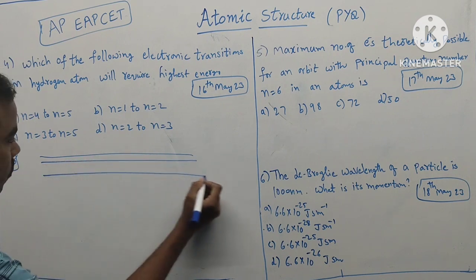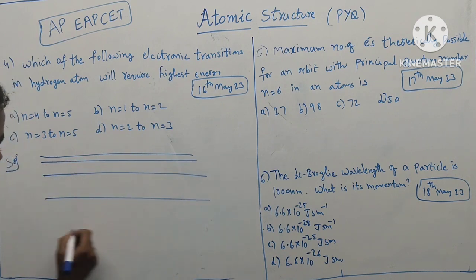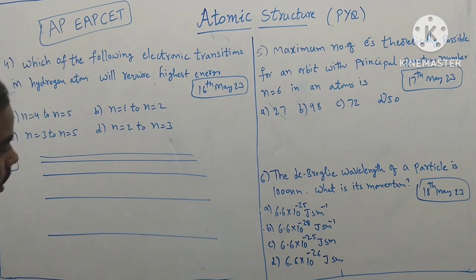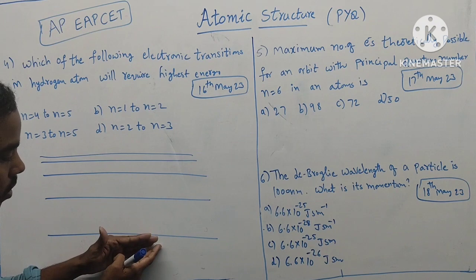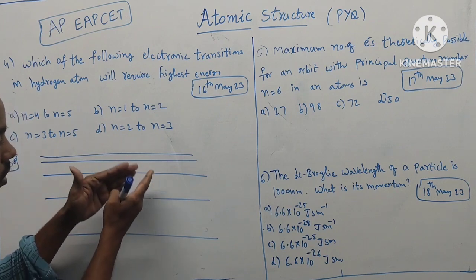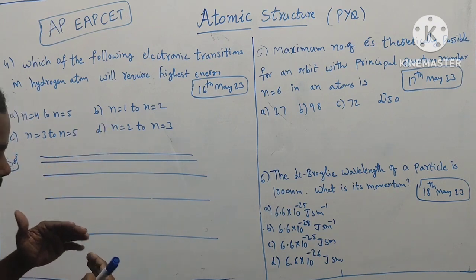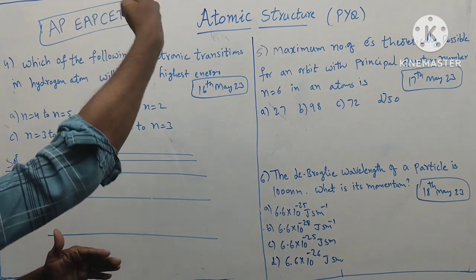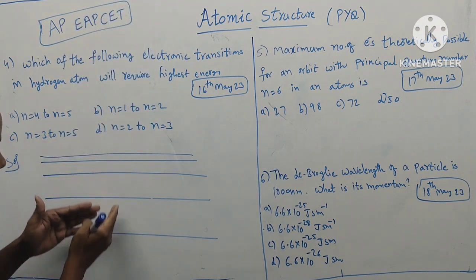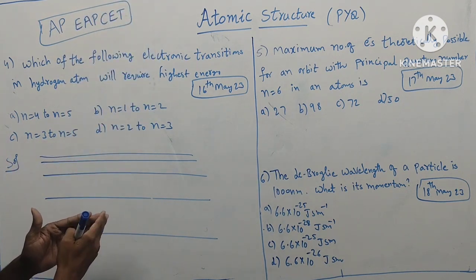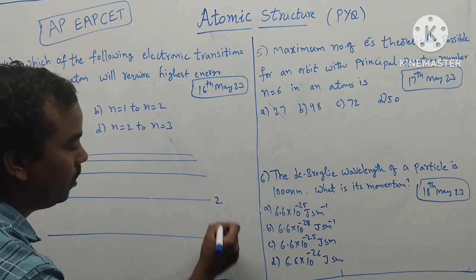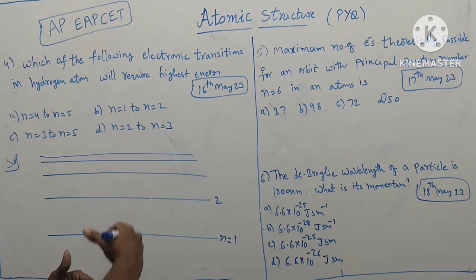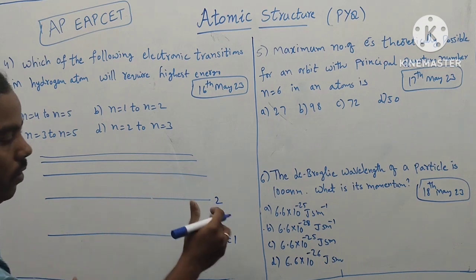The energy gap from one energy level to another decreases from the first energy level toward infinite energy levels. The energy difference decreases. If it is from the first energy level to the second energy level, the energy difference is larger, so more energy is required.